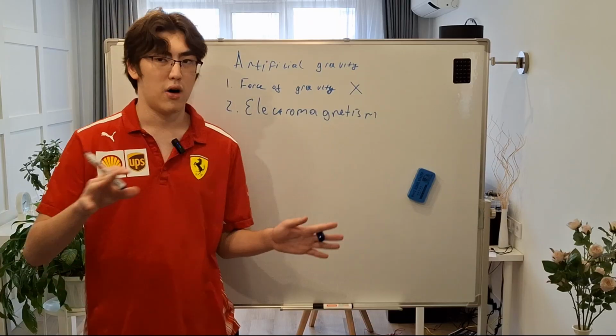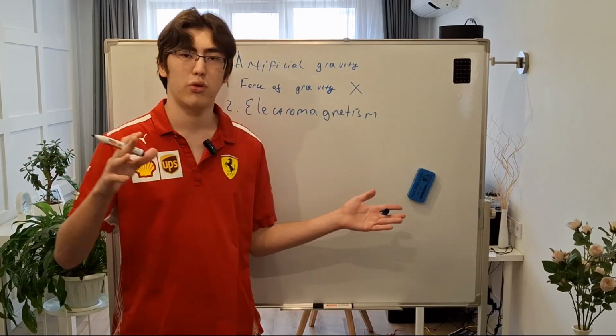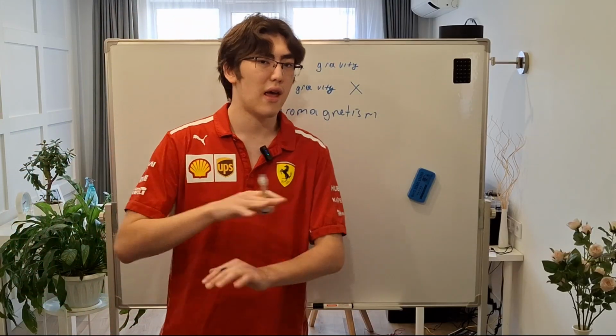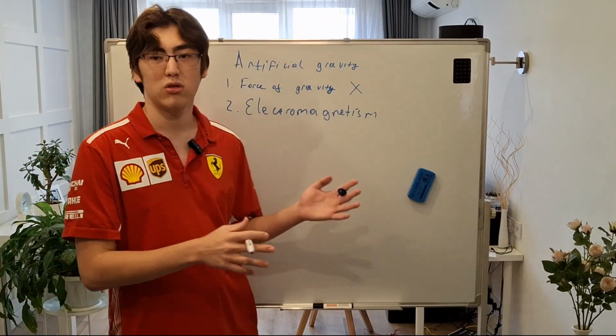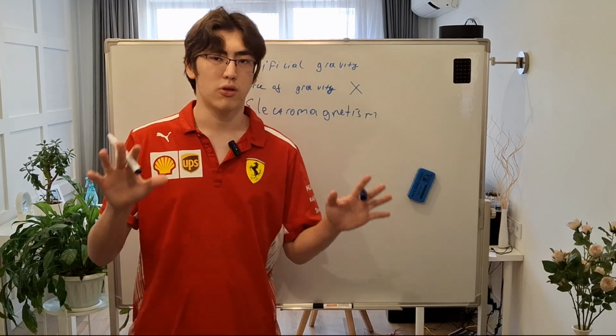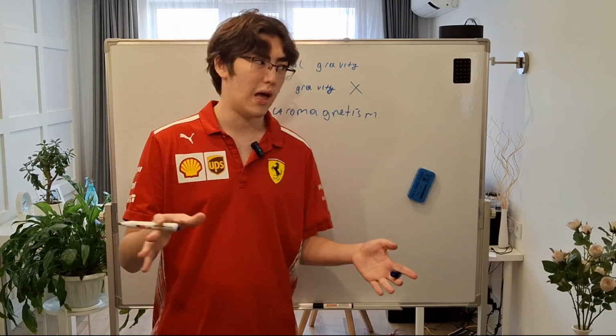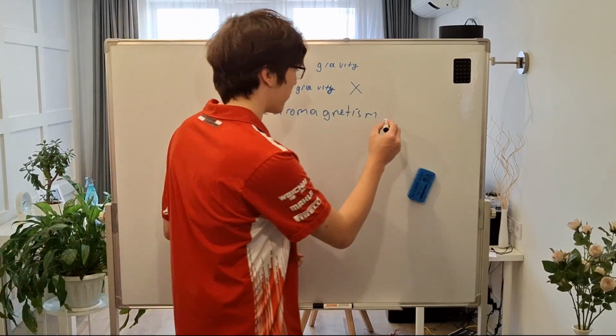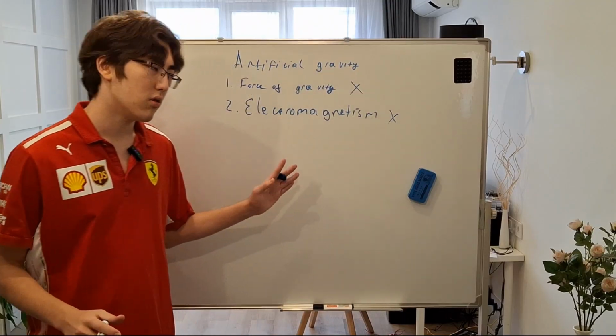So we will have to put magnets on our people and things and everything. This will be a costly exercise. It will require a lot of work and a lot of energy because electricity requires energy. So this is not suitable for us.